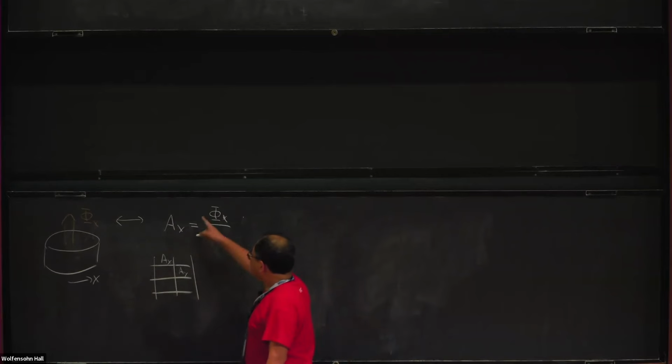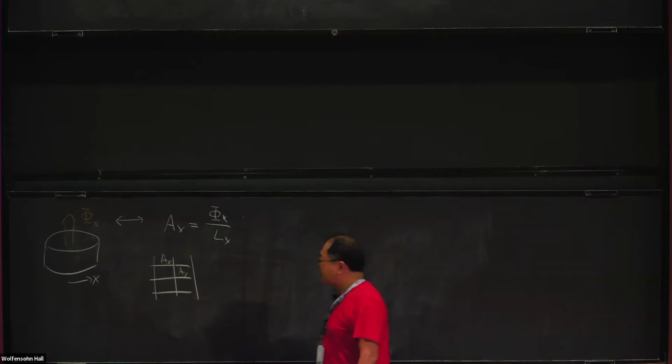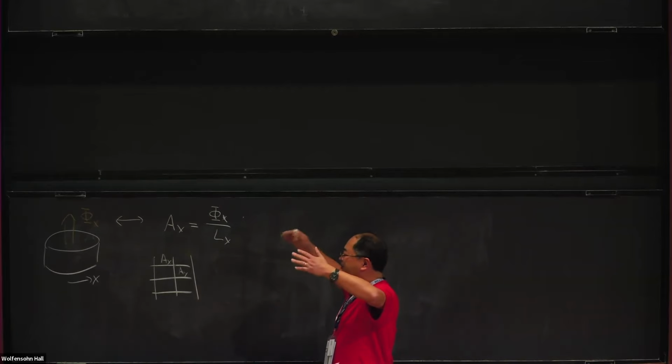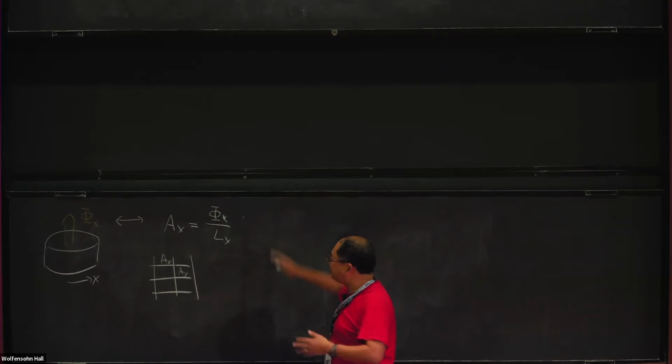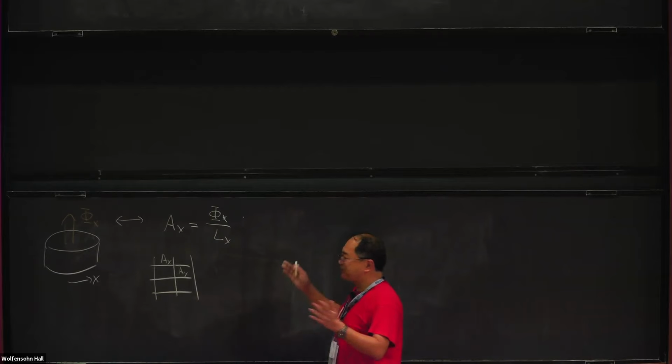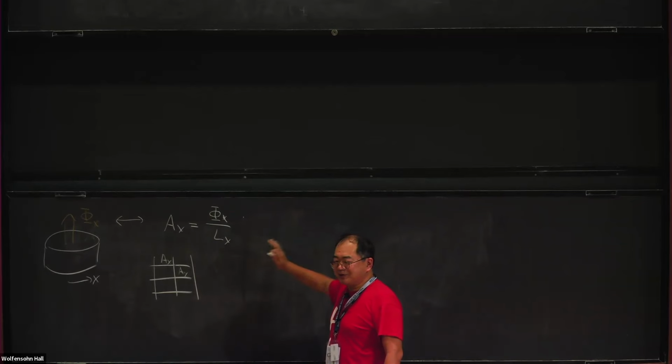But as long as you choose the vector potential in this way, this is the same everywhere, then this does not break the translation symmetry. Actually, there's a gauge ambiguity, or a freedom in choosing the gauge field or vector potential. And if you choose vector potential differently, then you can break the translation symmetry. But as long as you use this, you don't break.